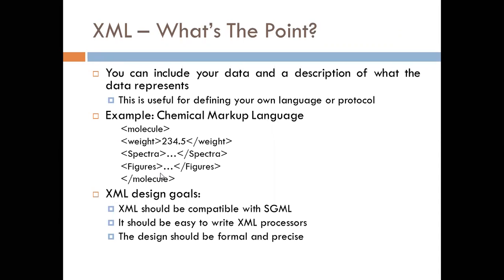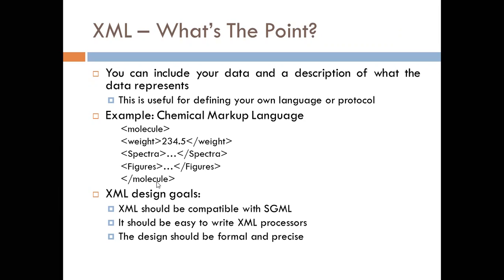It should be easy to write and process XML files. The design should be formal and precise, because any XML file, if we open and look at it with our eyes, we should be able to understand it. At the same time, the machines should also understand it.